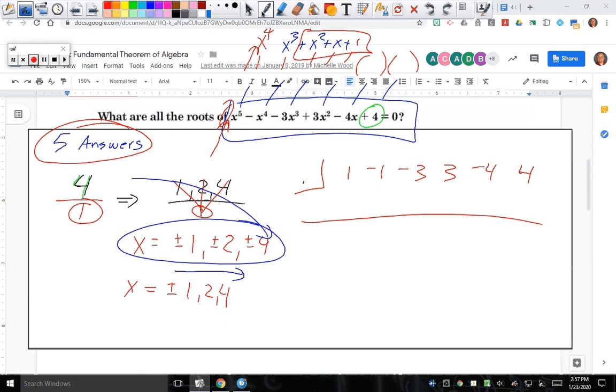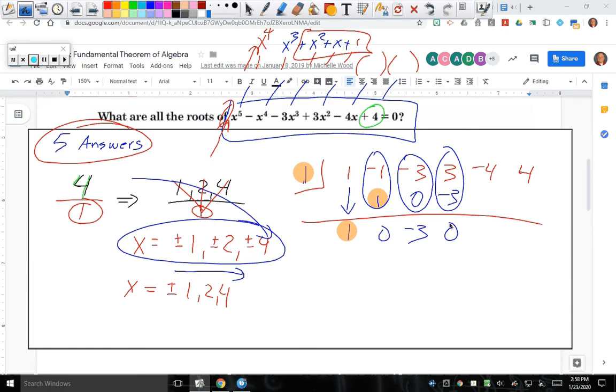Here we go. Put this down in your notes if you need the work. First step, we copy. Then we multiply 1 times 1, right? So these two are going to multiply, and we're going to write that down right here. And then we add. Then 1 times 0, and we add. Right? And then I'll get a -3.